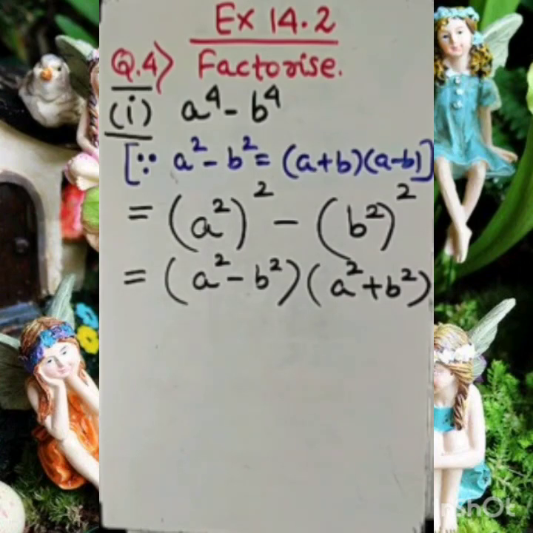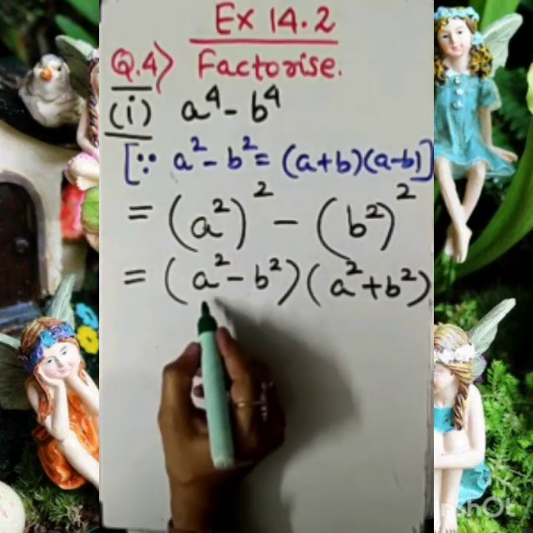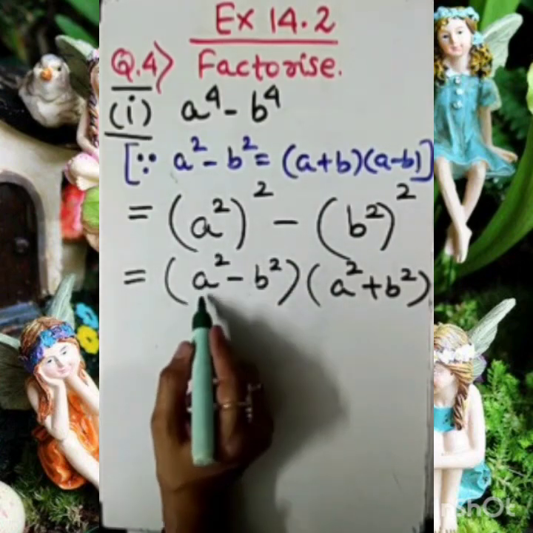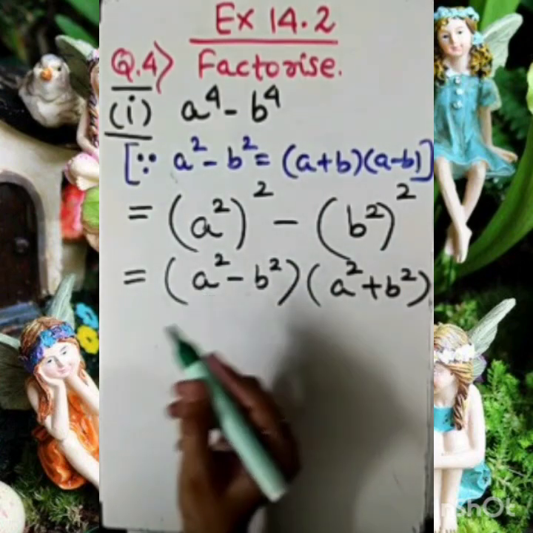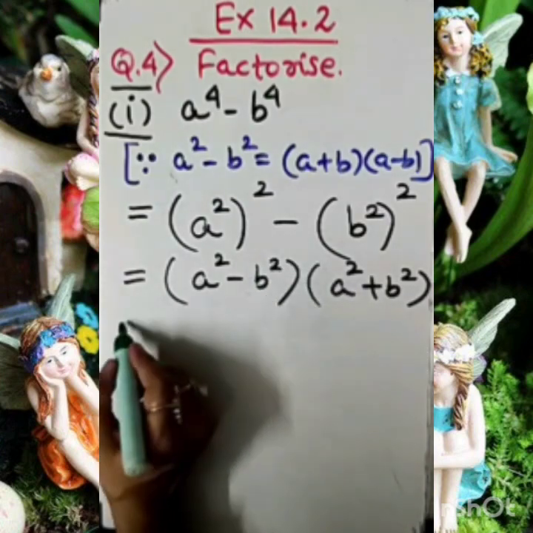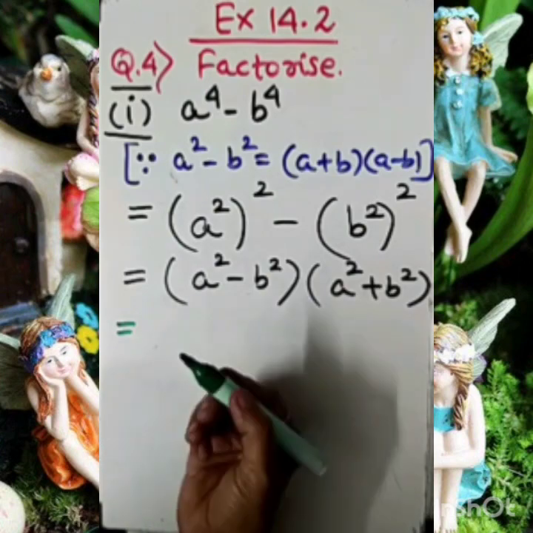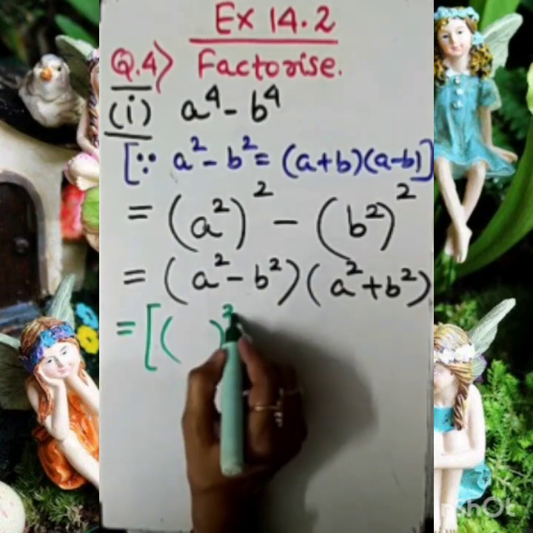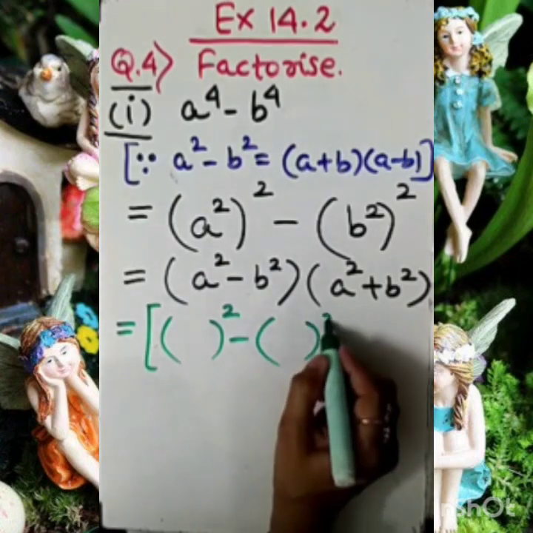But dear student, if you observe, applying the same technique again, the first term is a perfect square of a, agree? The second term is a perfect square of b, agree? So in that case, we have to mention it this way: first term square minus second term square.